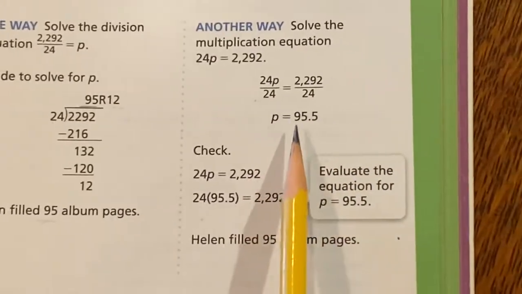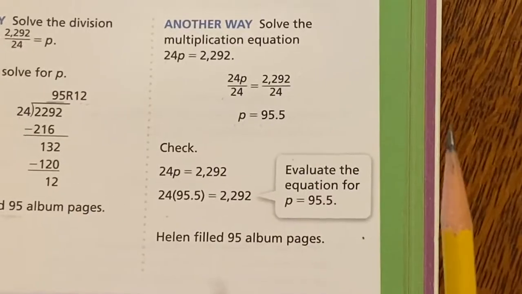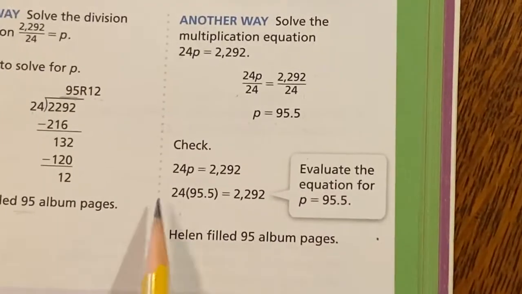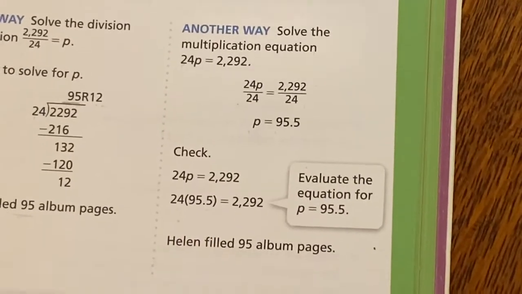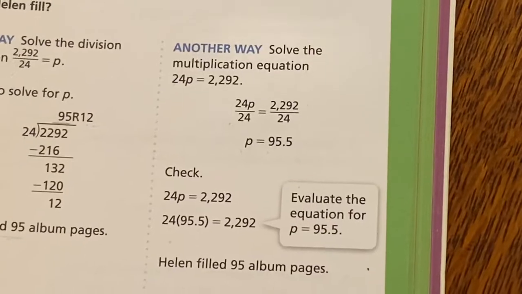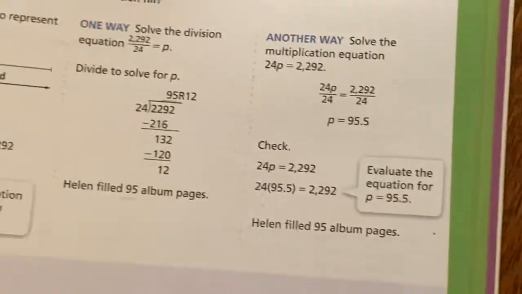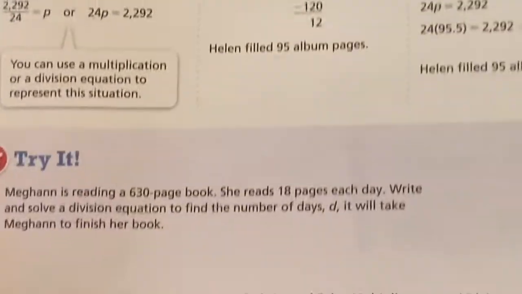And p equals 95.5. Now you can check it by multiplying again, and if you multiply 24 by 95.5, you will get 2,292. All right, Helen. Let's leave Helen now and move on to Megan on the Try It.